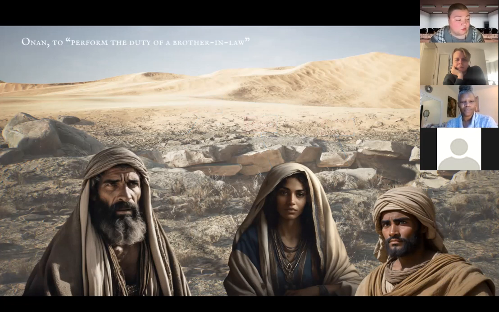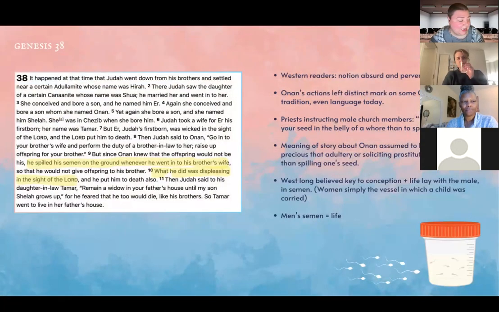However, Onan is described as spilling his semen on the ground instead, meaning he doesn't ejaculate inside Tamar, but uses what we might today call the pull-out method. And we're told that he displeases God. A lot to unpack here.